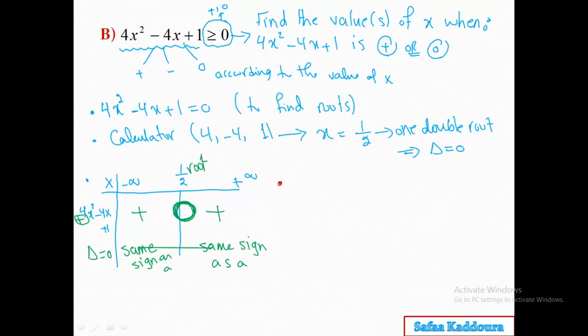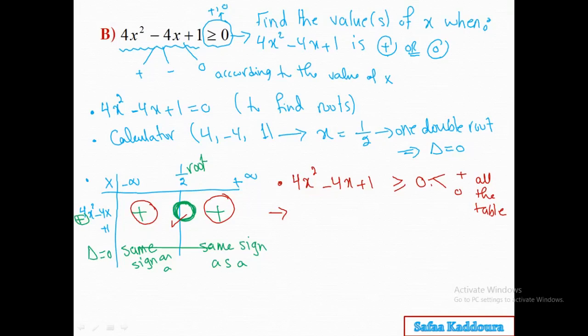I want the value of x if 4x squared minus 4x plus 1 is greater than or equal to 0. You will look for the positive signs and the 0. This is in reality all the table, positive and 0. This is all the table.